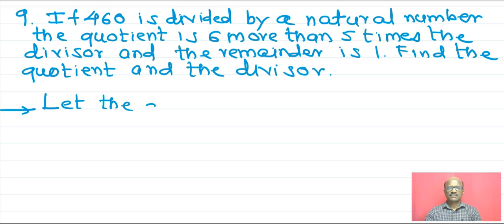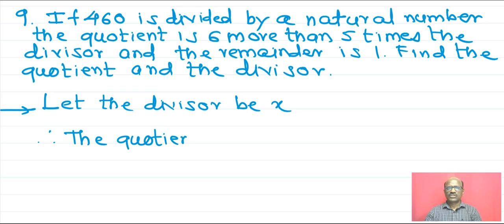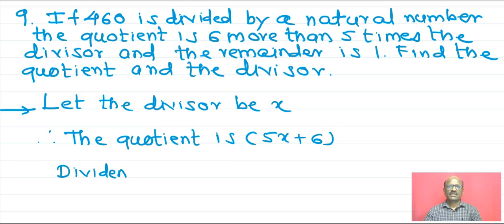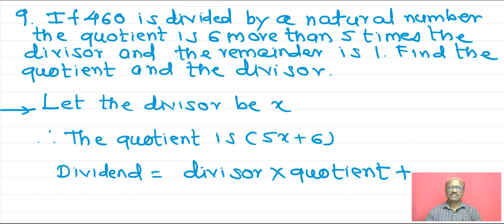Let the divisor be x, quotient is 5x plus 6. It is given. The quotient is 6 more than 5 times the divisor.